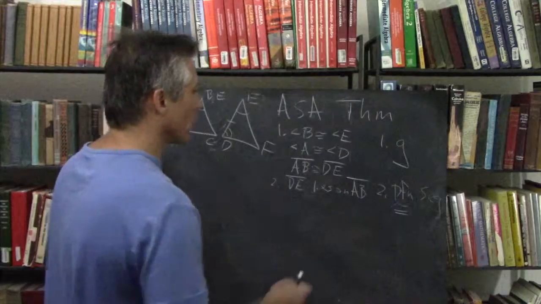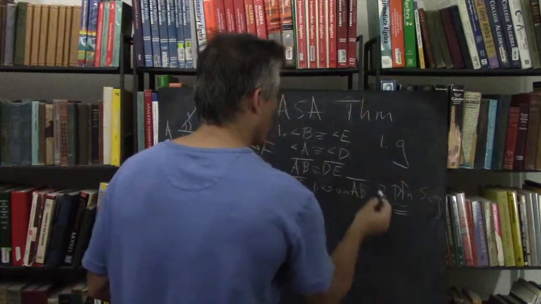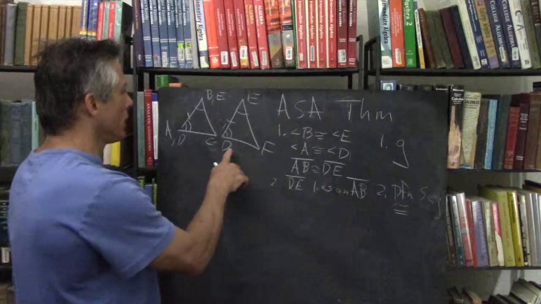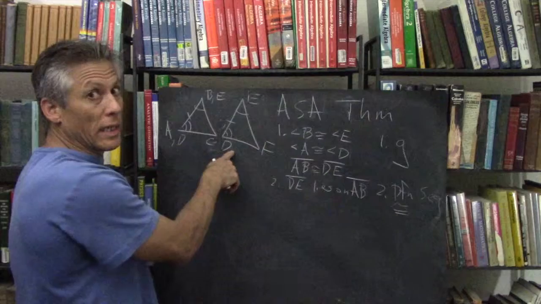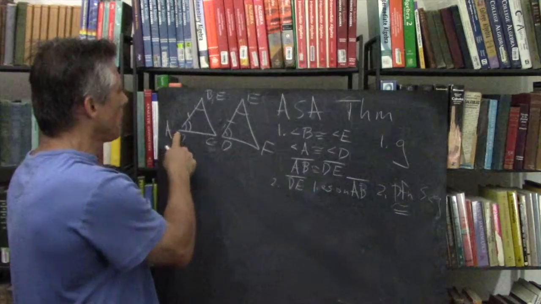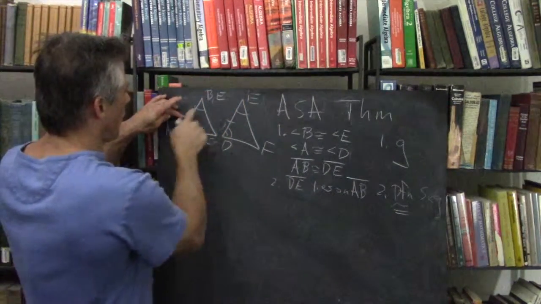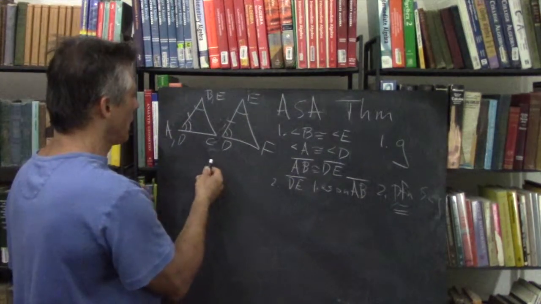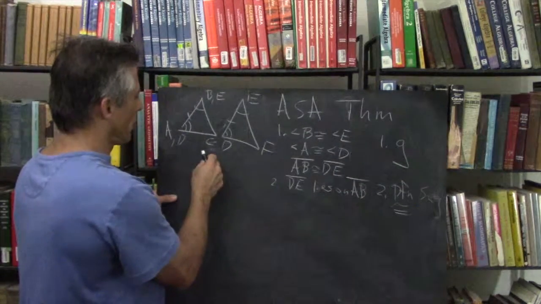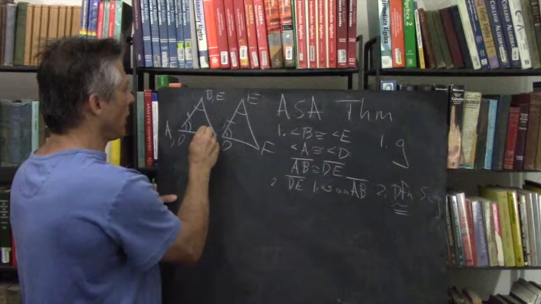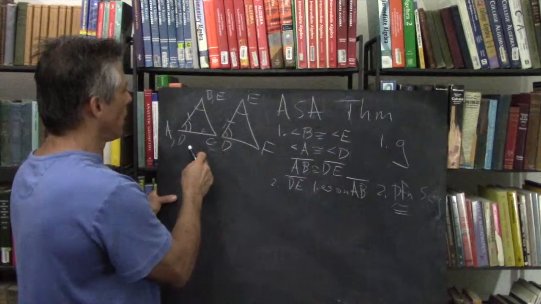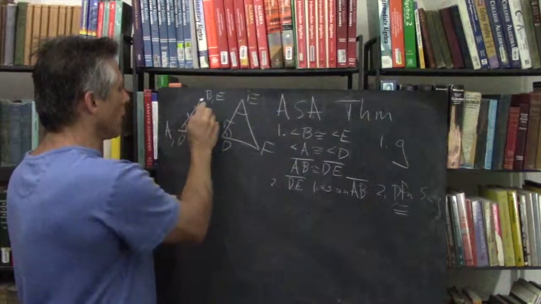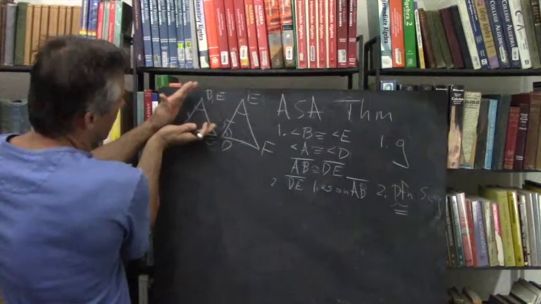Alright. And then, since angle D is congruent to angle A, these lines will lie on top of each other. So we've got F will be along here somewhere, and then, because remember this will lie on here, we pick it up and put it down there.